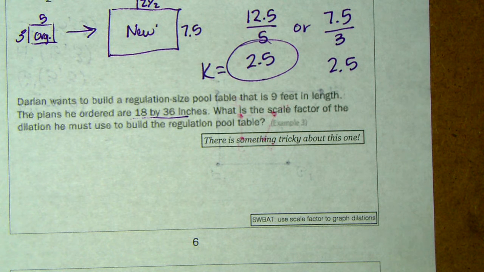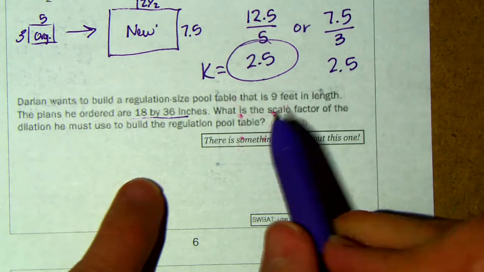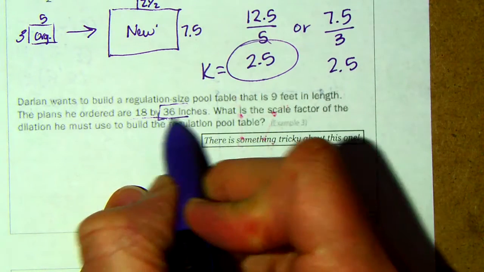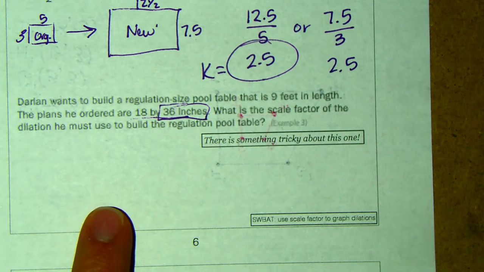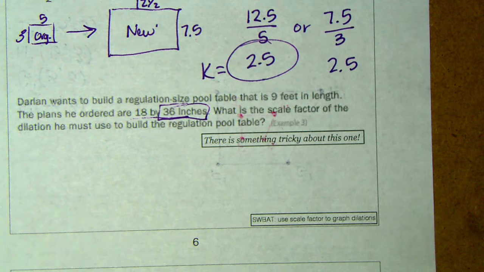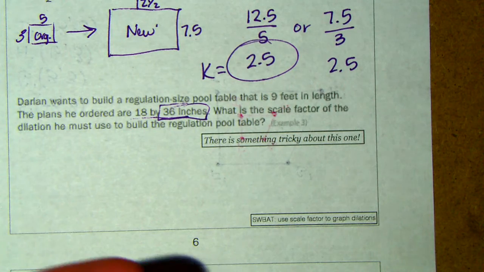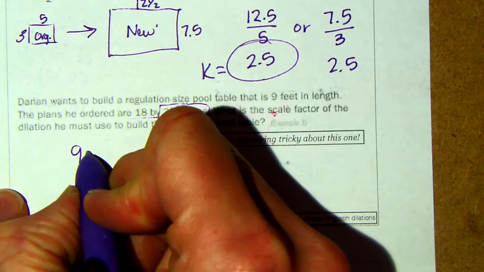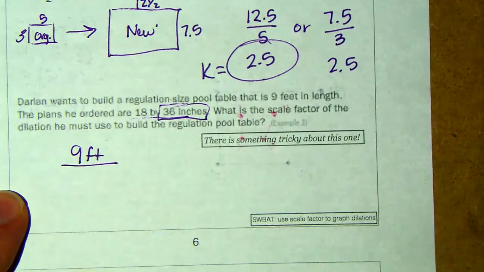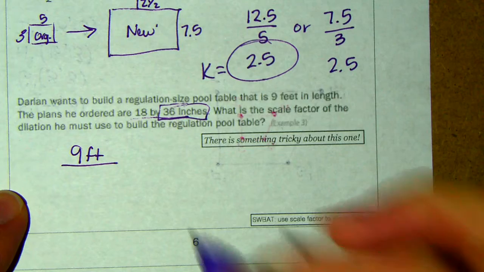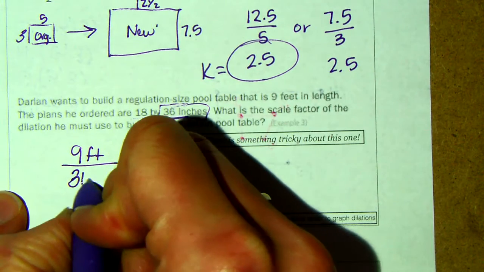In other words, 9 feet is going to correspond to 36 inches. So new divided by original, new is 9 feet, and I'm going to leave my units on there because I don't need them just yet, and 36 is the original model size, 36 inches.